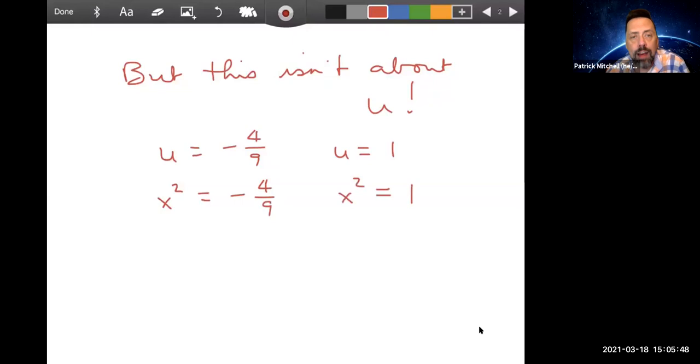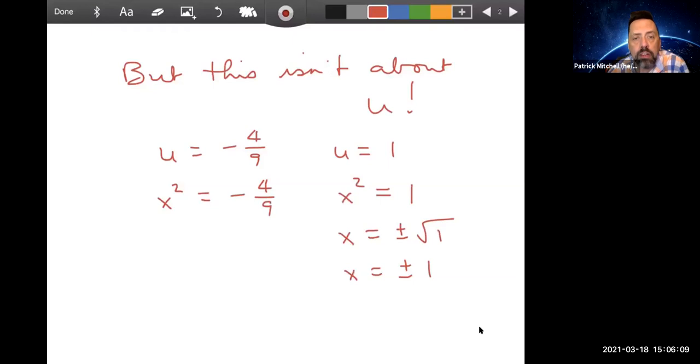And now we can solve each of those equations using the square root property. Let's start with x squared equals 1. If x squared is 1, that means that x has to be either the positive or negative square root of 1, right, which is 1. So x equals plus or minus 1.